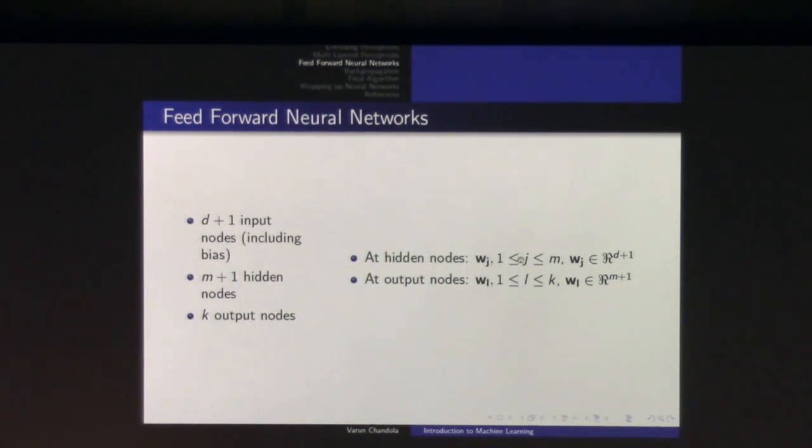And I have tried to be as consistent in my notation as possible, but if you see some discrepancy, let me know. So j subscript will be used to index your hidden nodes, okay? So there are M, actually there should be M plus 1 hidden nodes.